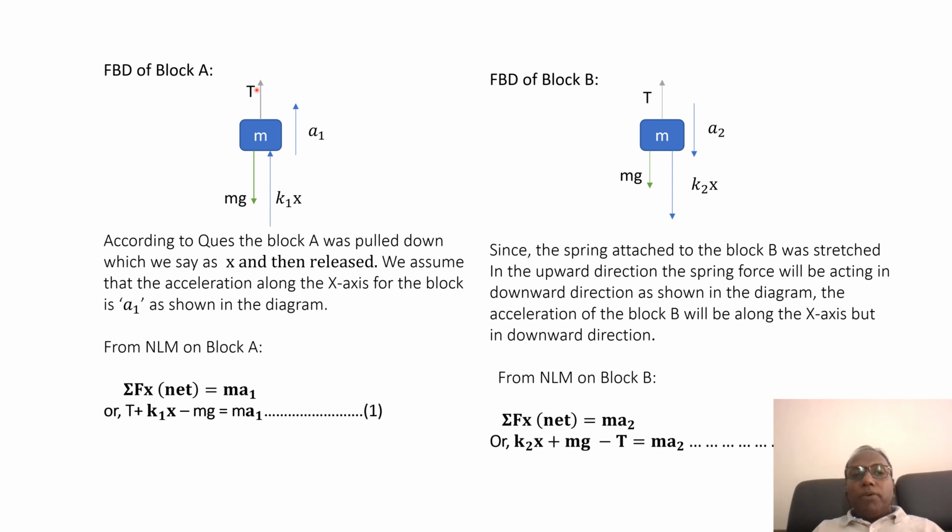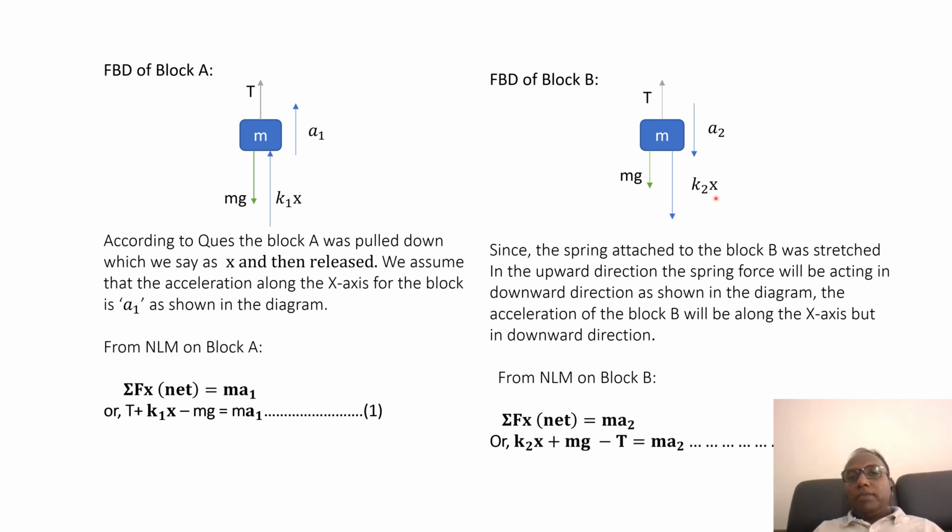And T is the force exerted by the string on the block in the upward direction, right? a1 is the acceleration shown here. So if we apply Newton's law of motion on this block A, we will get the expression T plus K1x, T upward, K1x upward, so both are positive. mg is acting downward, so minus mg will be equal to ma1. Let us say this is equation number 1.